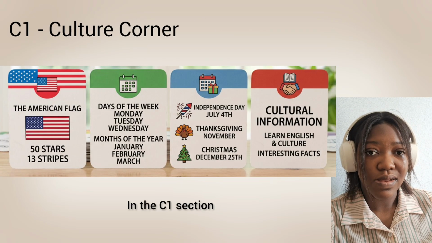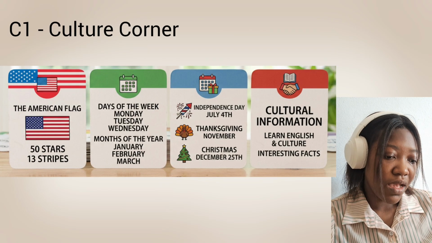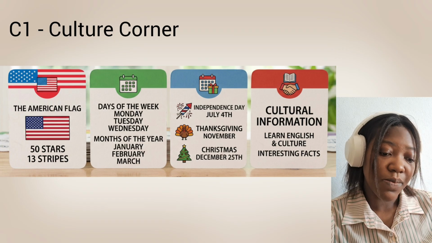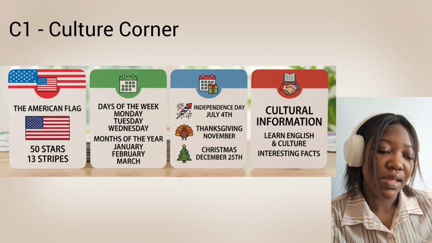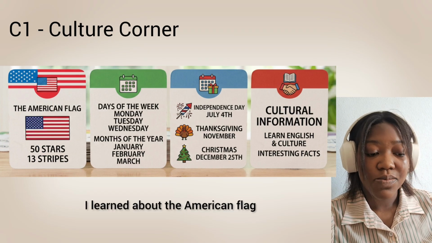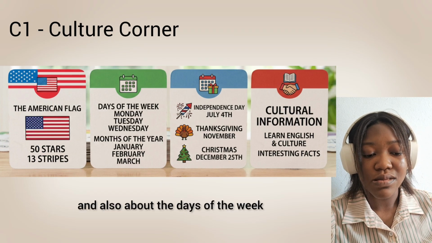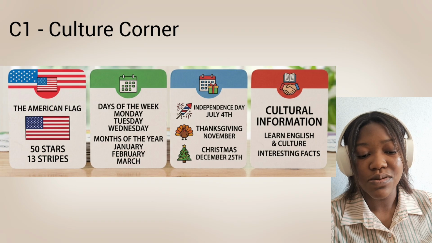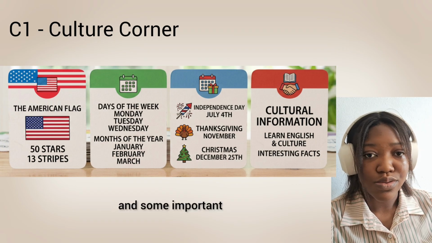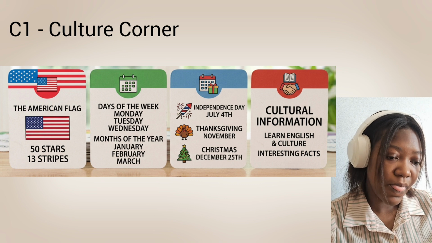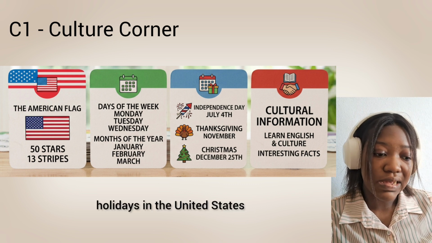In the C1 section, we have Culture Corner. The Culture Corner was about the United States. I learned about the American flag and also about the days of the week, the months of the year, and some important holidays in the United States.